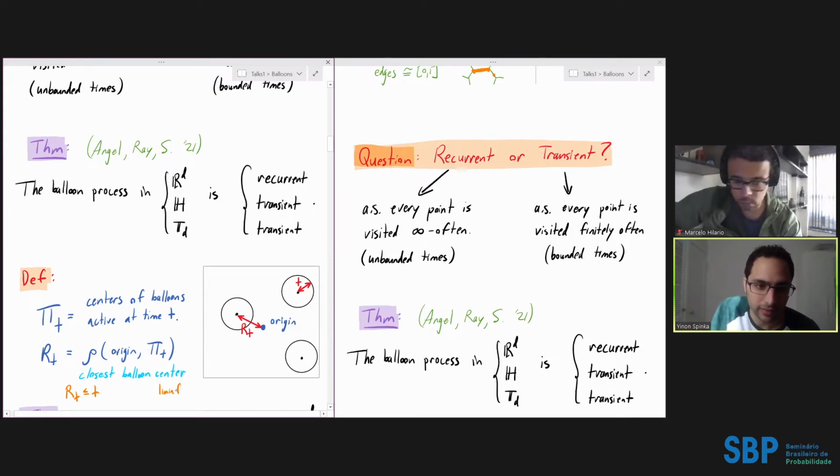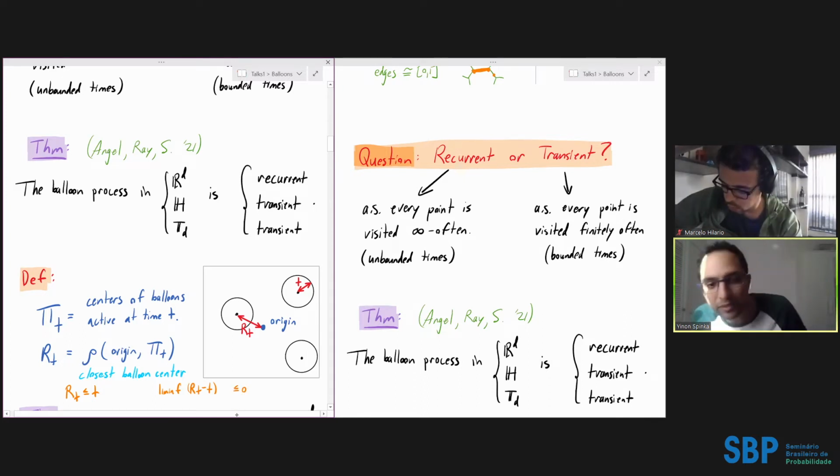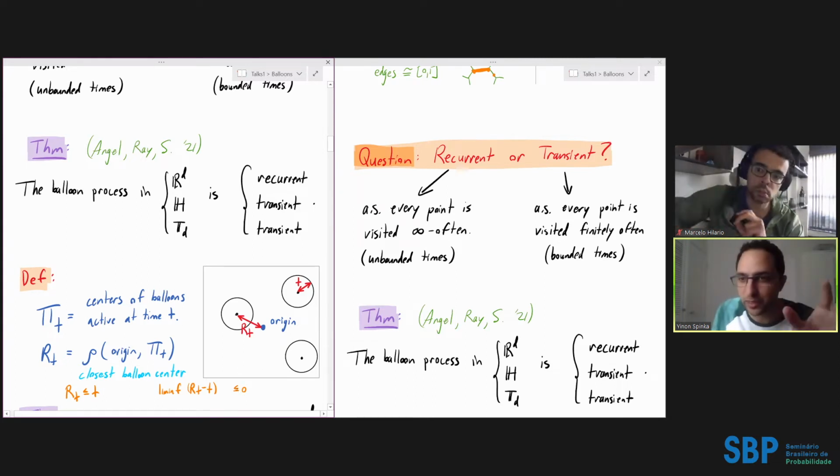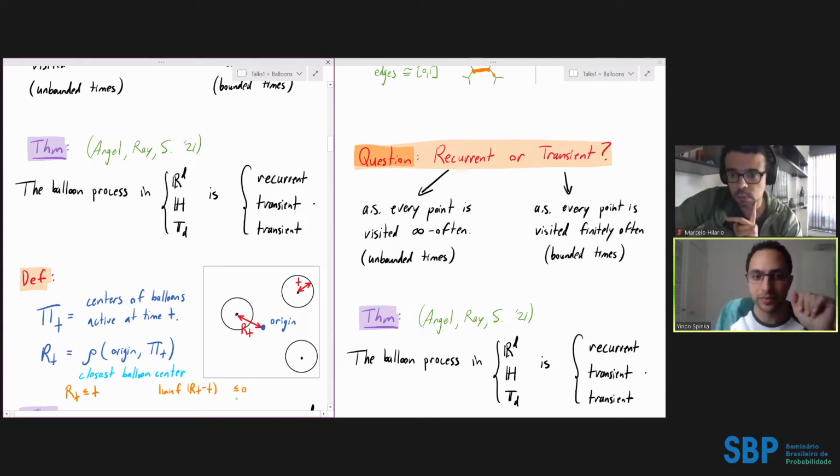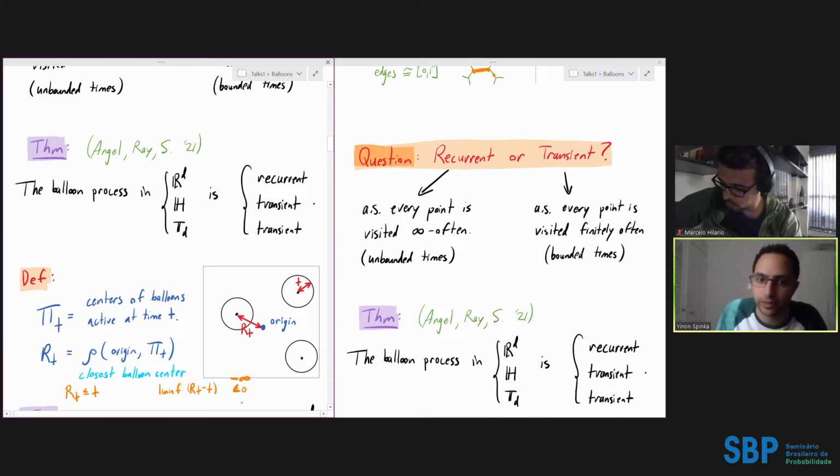What we need for that is that the limit of r_t minus t is less or equal than 0, more or less. If it's 0, that's like a critical thing, but definitely if it's less than 0, then it's recurrent for the origin. But if we really want it to be recurrent at every point, we would need here that it's minus infinity, almost surely. If you think about it a bit, that would tell you it's recurrent everywhere.